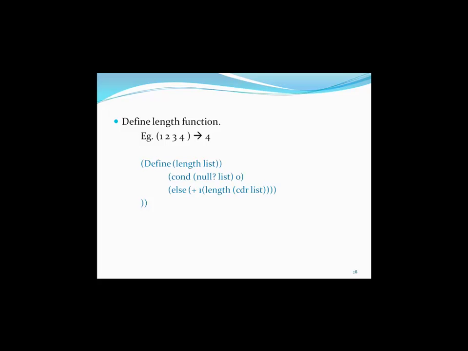The first condition is that if the list is null, we return 0. Else, if the condition is false, we increment the previously returned value of length by 1. So we are also using recursion here. We recursively send the cdr list to the length function and get the value, and we add 1 to it and return it as the length.